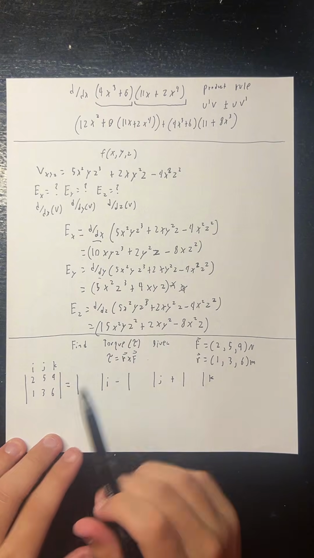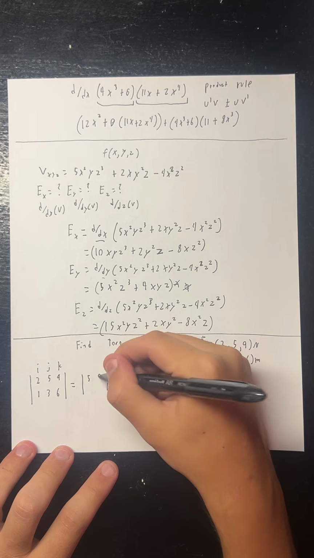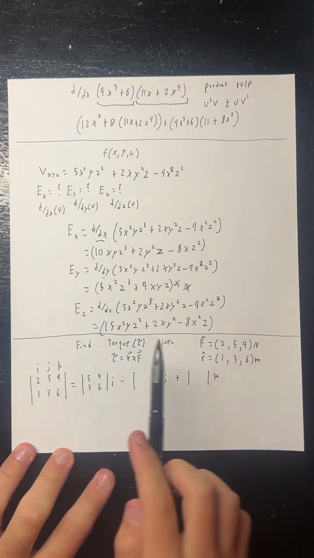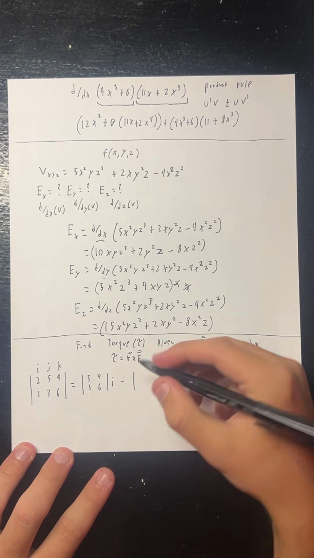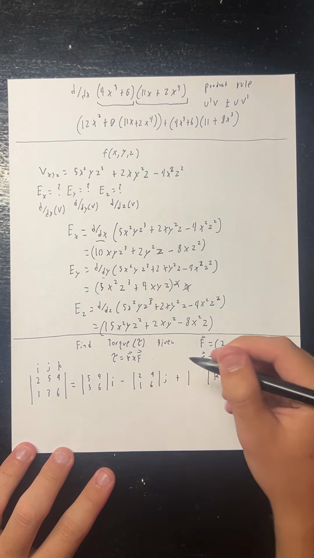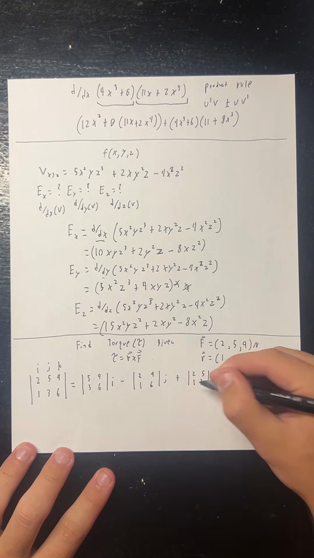So first step, for I, we do 5, 9, 3, 6, because cross product. For I, you don't use the I. For J, you don't use the J. For K, you don't use the K. Minus, for J, it's 2, 9, 1, 6. And for K, it's 2, 5, 1, 3.